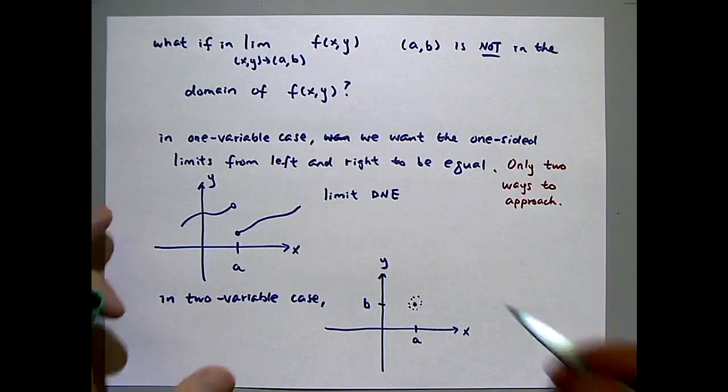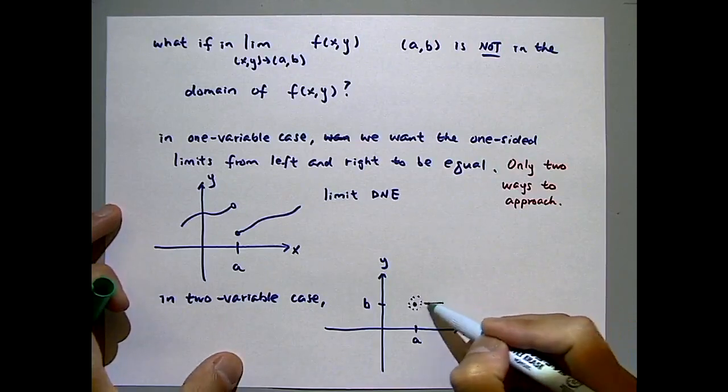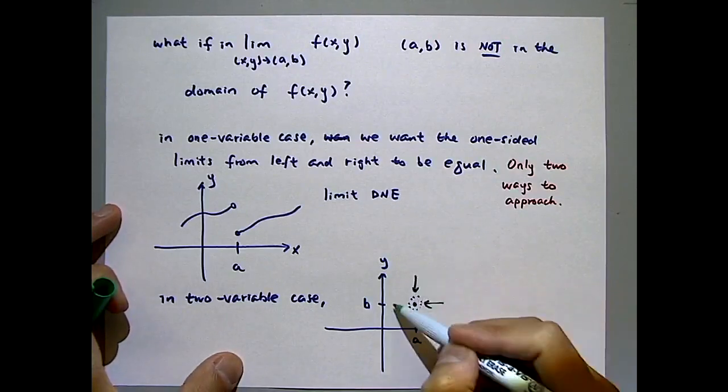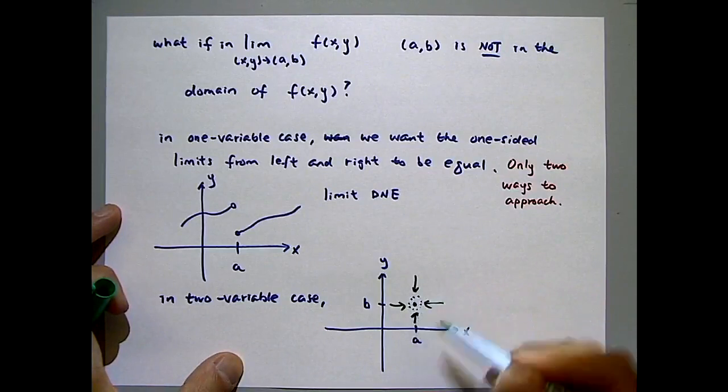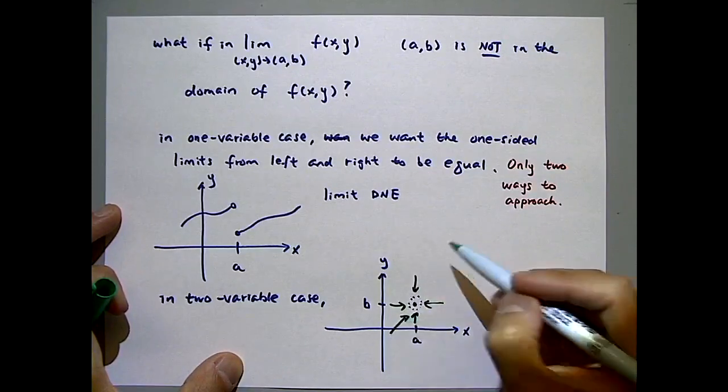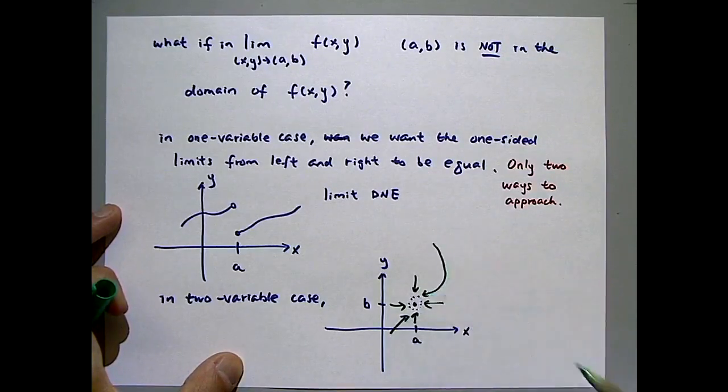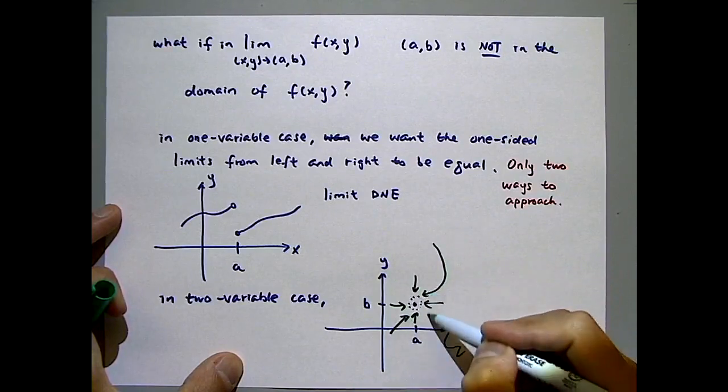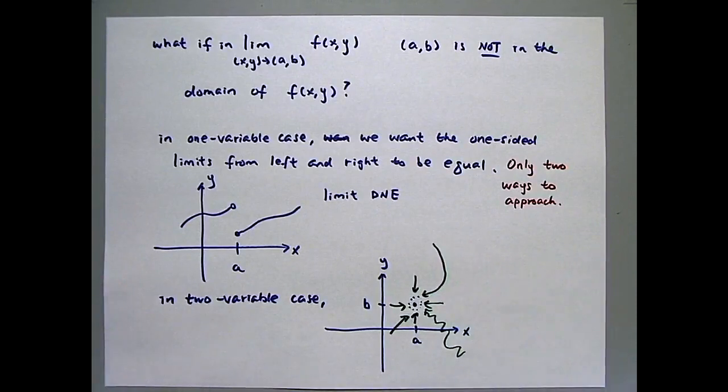And we can get there by going this way, going this way, going that way, going along a parabola that way, and going along a sine wave that way. You get the idea, right? There's a ton of different ways to get there. How many ways are there to get to that place? Infinite, yeah, exactly.